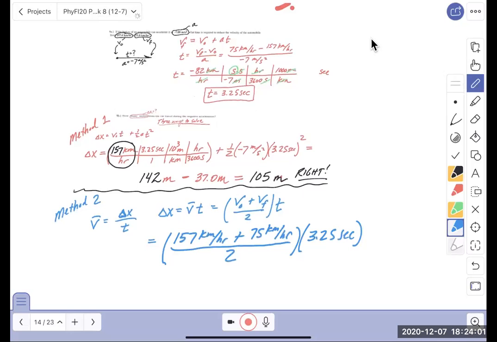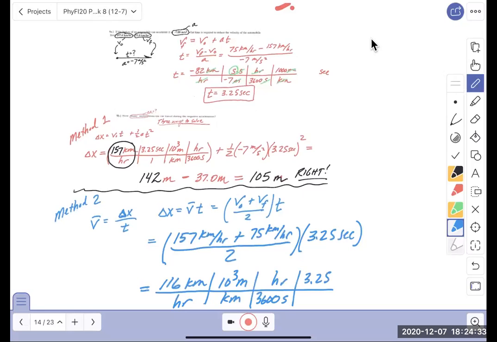So I'm going to get my delta x in terms of meters. I got 116 kilometers per hour. Let's do a quick unit analysis here. 116 kilometers per hour times, let's get this in terms of meters per second, 1,000 meters in a kilometer, and an hour over 3,600 seconds, and then times 3.25 seconds.